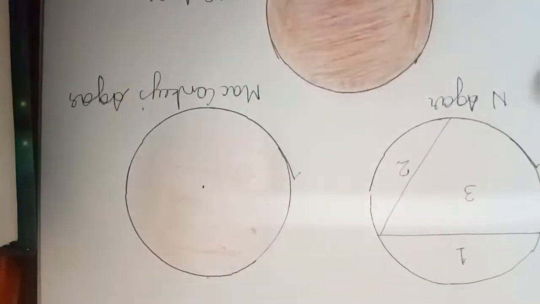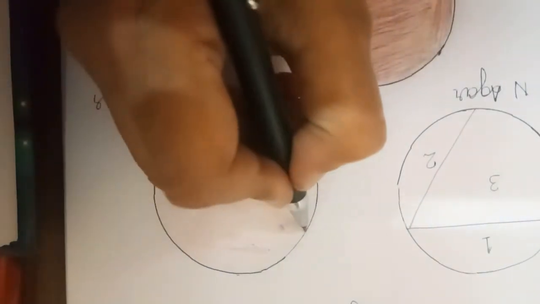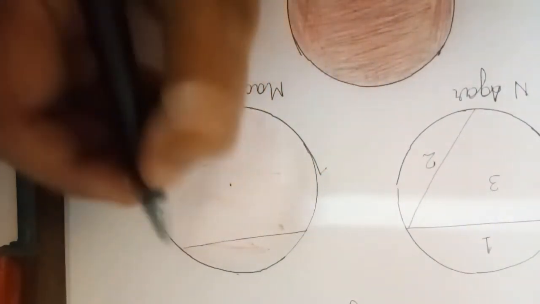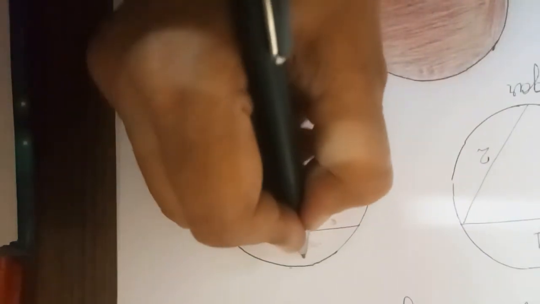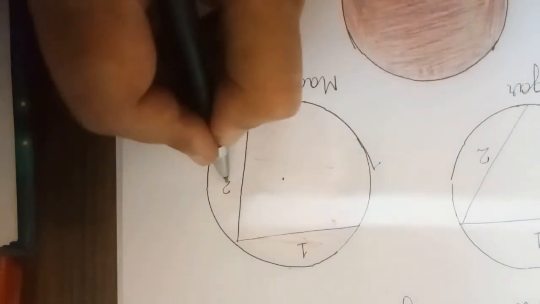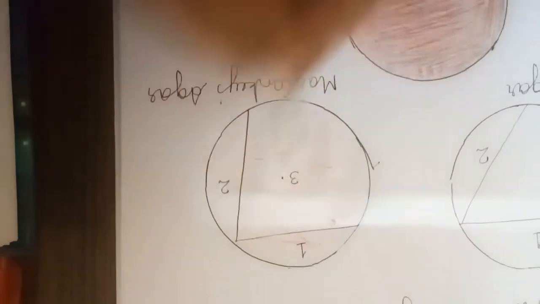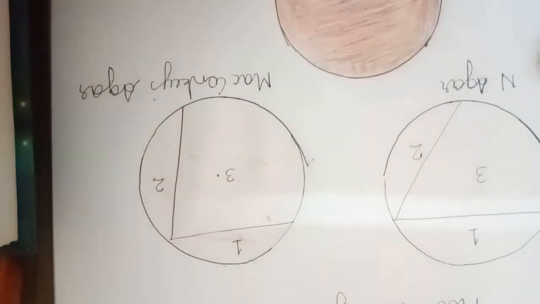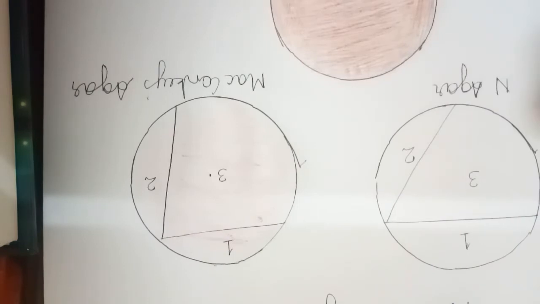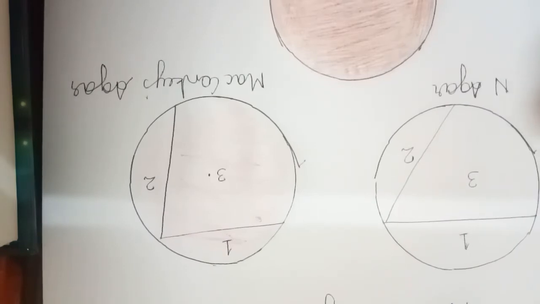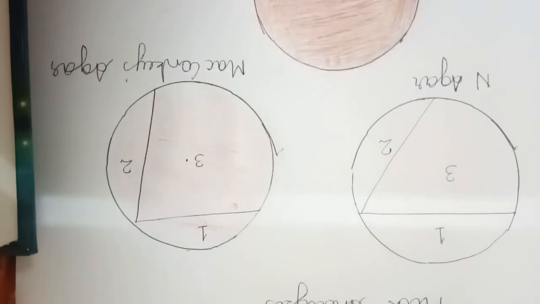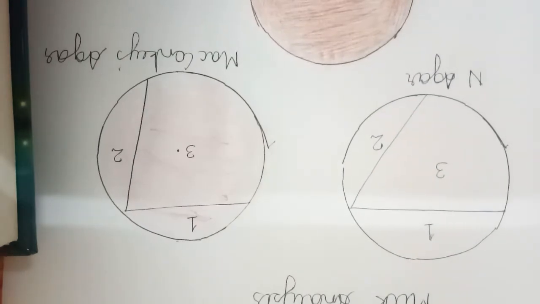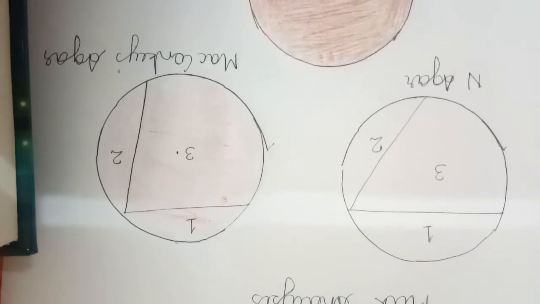Now the same we have to do in case of McConkey's agar plate. Sector number 1, sector number 2 and 3. So we will also write it down with the help of glass marker on the bottom of the plate like this, 1, 2 and 3. Okay, so after doing this much of the work, now we will use our milk sample.